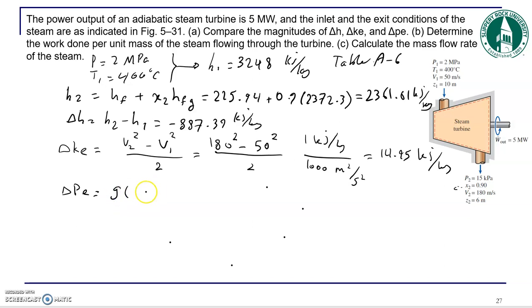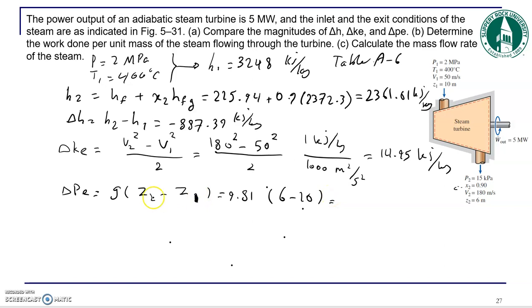Also, we can calculate the change in potential energy of our system, and basically it's gravitational acceleration multiplied by the change in elevation, which is 9.81 multiplied by 6 minus 10. This is 6, this is 10, so make sure you put this as Z2 minus Z1, right?